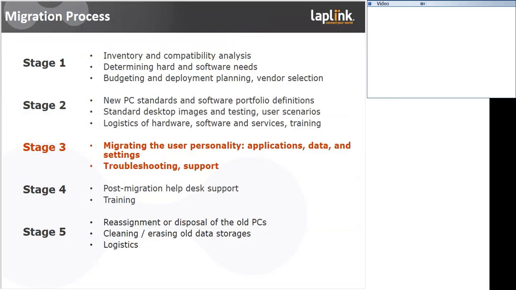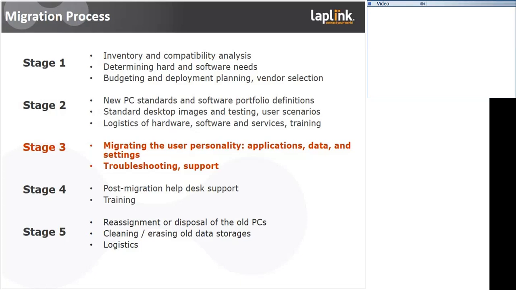The same in stage 2, new PC standards and portfolios get defined. What are your desktop images, all your testing, all your compatibility testing. Of course, you have to see what applications you're running. Are they compatible with Windows 10 or Windows 7 if you still go there, and what user scenarios you have. Again, these things are complex but well documented and a lot of best practices.